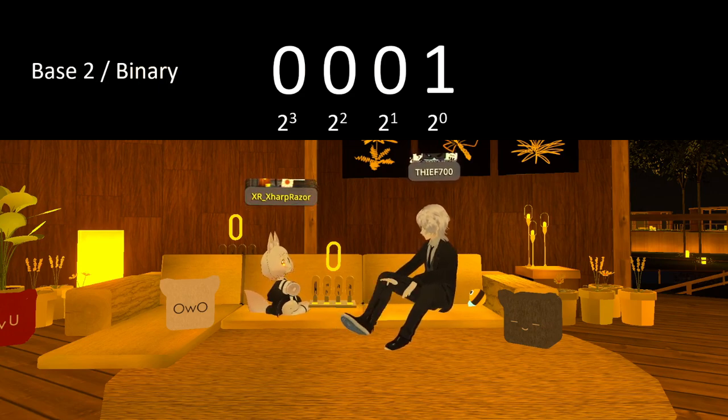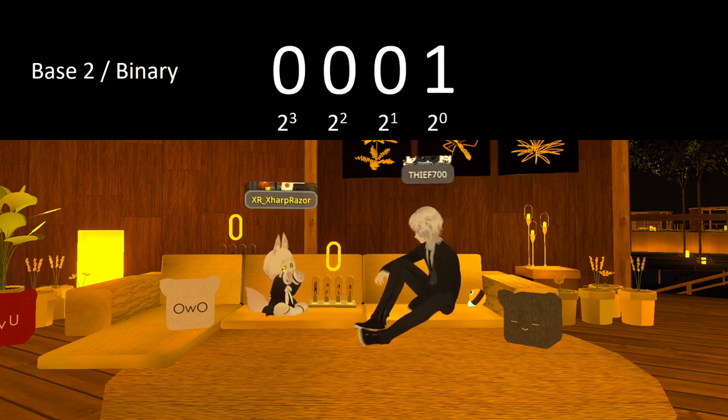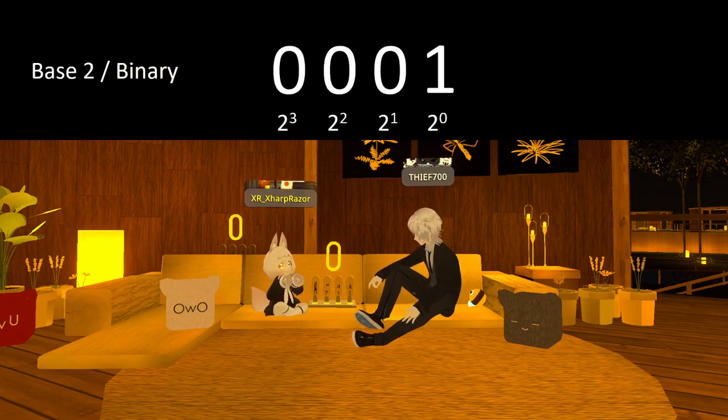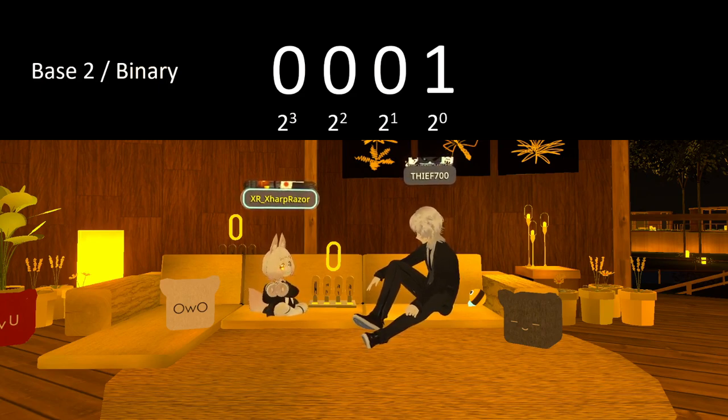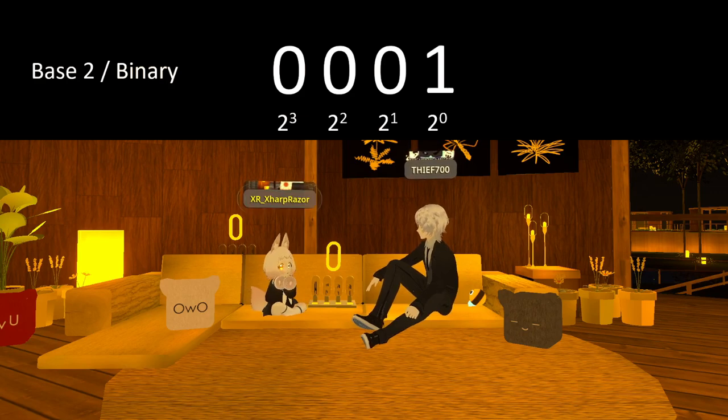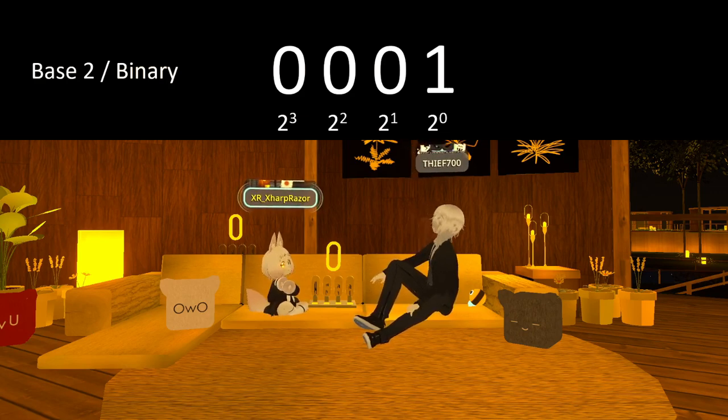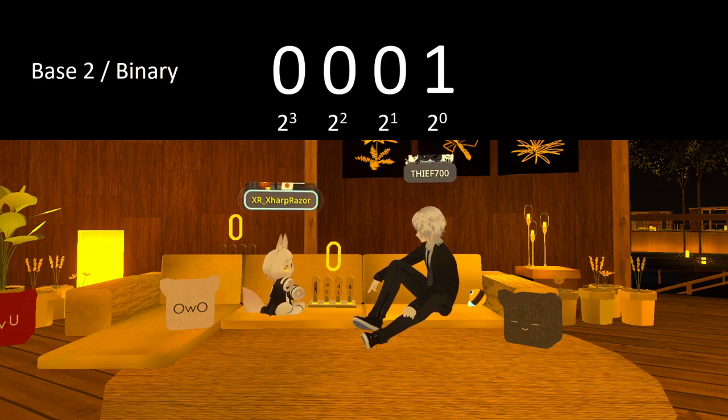So in binary, each digit is the increasing power of 2. The ones place in binary is 2 to the 0, which is 1. Then 2 to the 1 is 2, 2 to the 2 is 4, 2 to the 3 is 8, and so on.